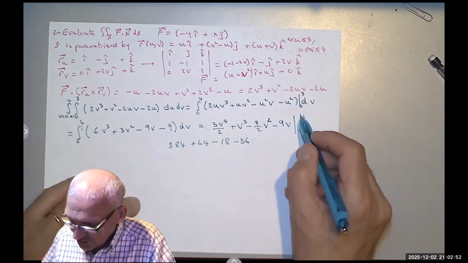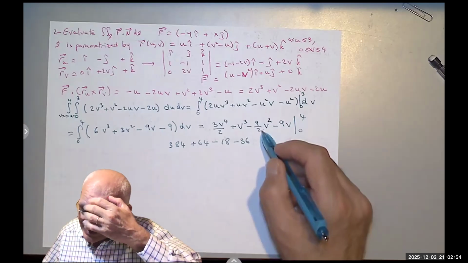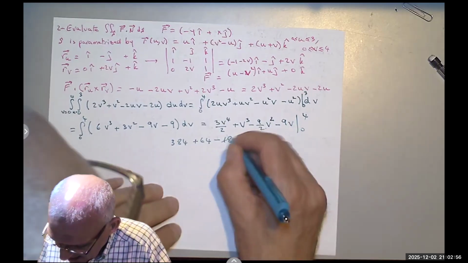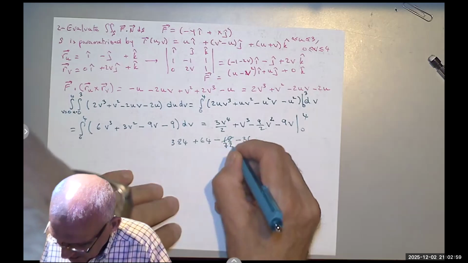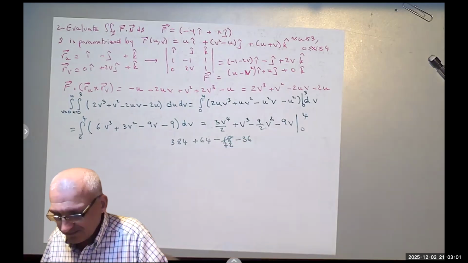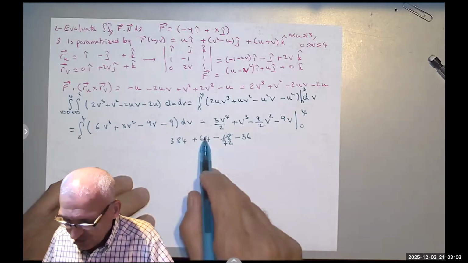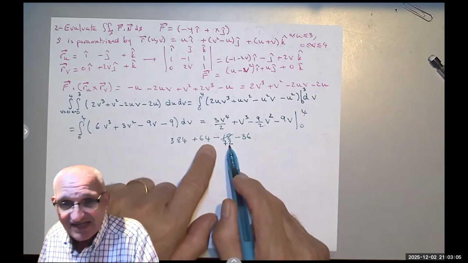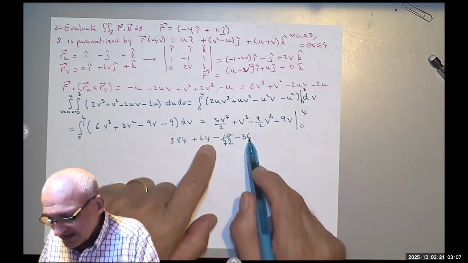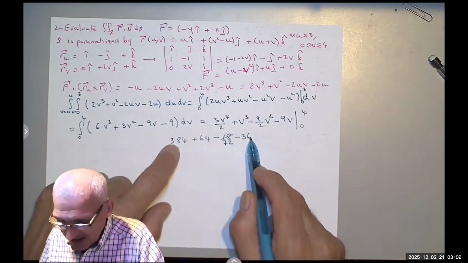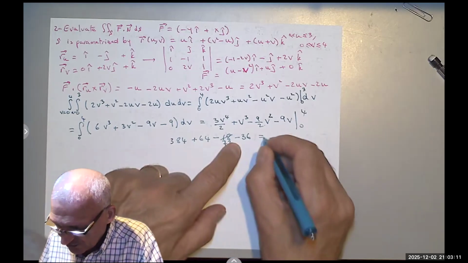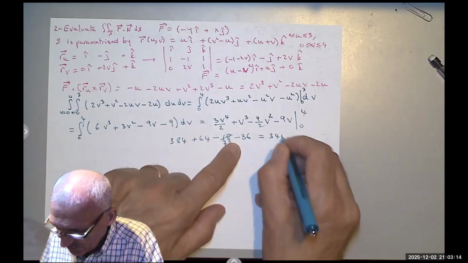So 4 squared is 16 over 2 is 8, so that's minus 72. Okay, 64 minus 72 is negative 8, minus 36 is negative 44, so 384 minus 44 is 340.